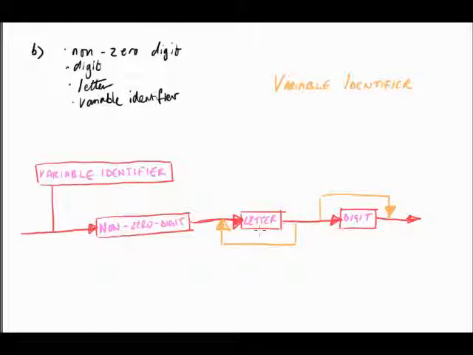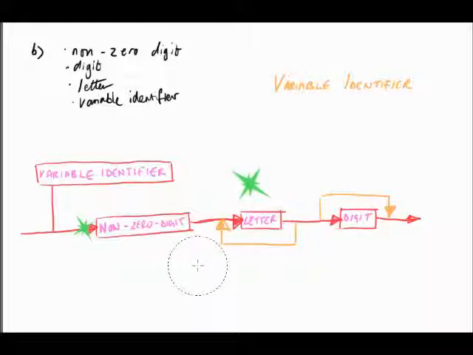So, okay, how is this going to be marked? We get one mark for using one entry point and one exit point. We get one mark if the order is correct, so non-zero digit, letter and a digit.